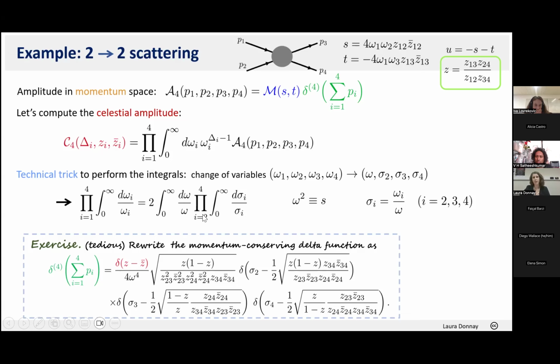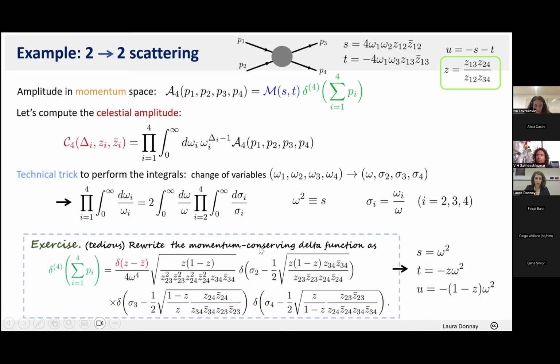So once you can play around with these delta functions and these new variables, now you can use this. So you see, we are going to do the integral over these sigma i's. So now you can, if you wish, absorb this delta function into the integral.